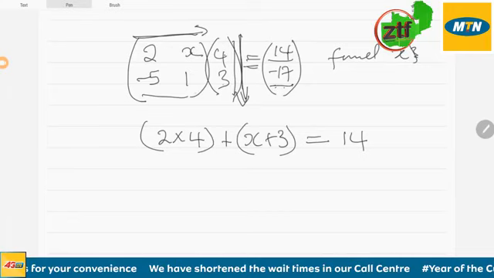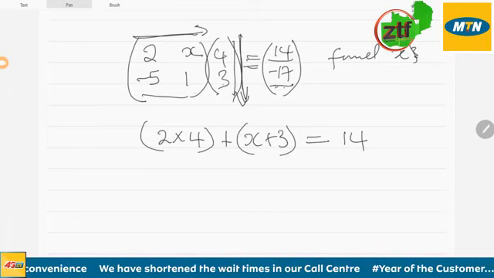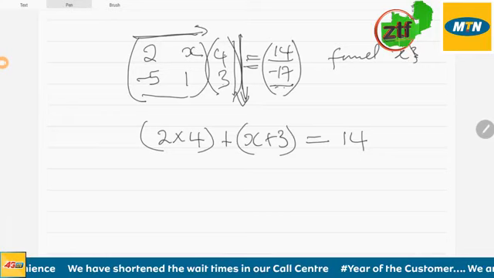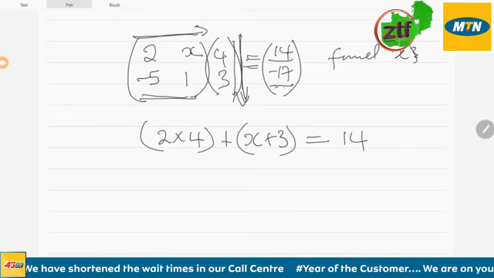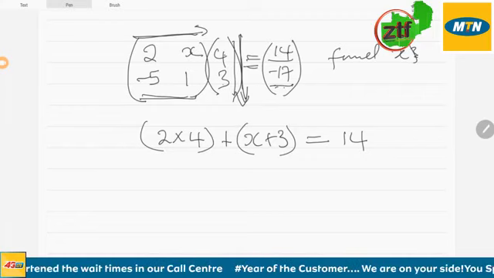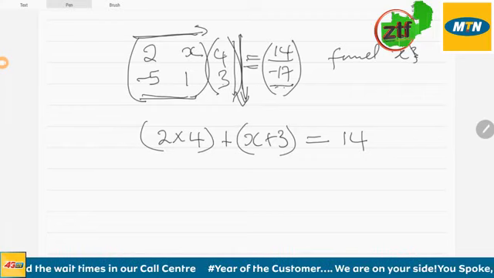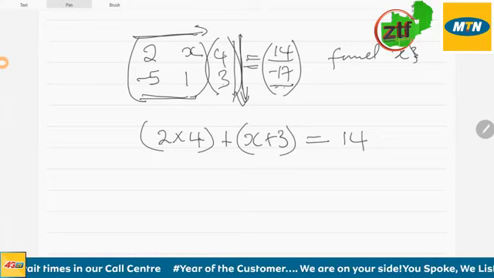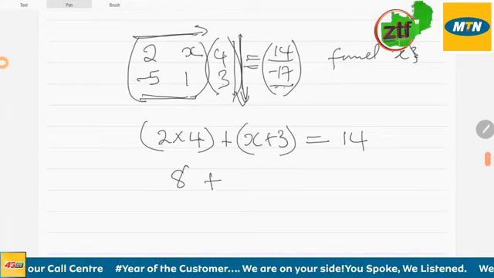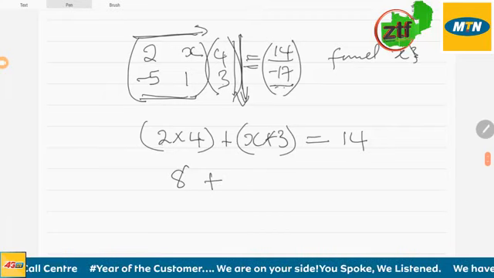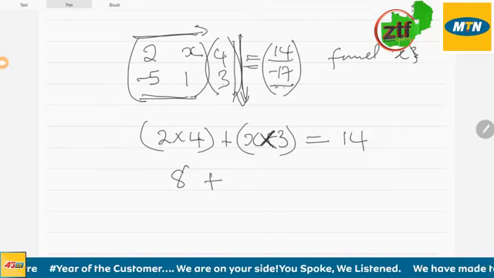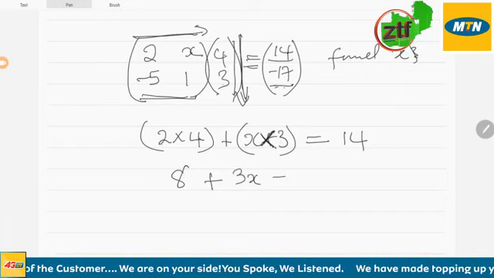But we'll not go to that extent, because in this row, we don't have any variable that we need to calculate for. So now let's simplify this. 2 times 4 is giving us 8 plus x times 3. This is multiplication again, I beg your pardon. X times 3 is 3x, equals 14.